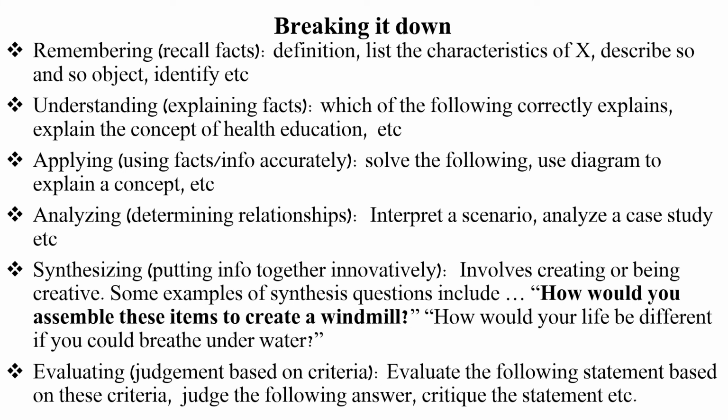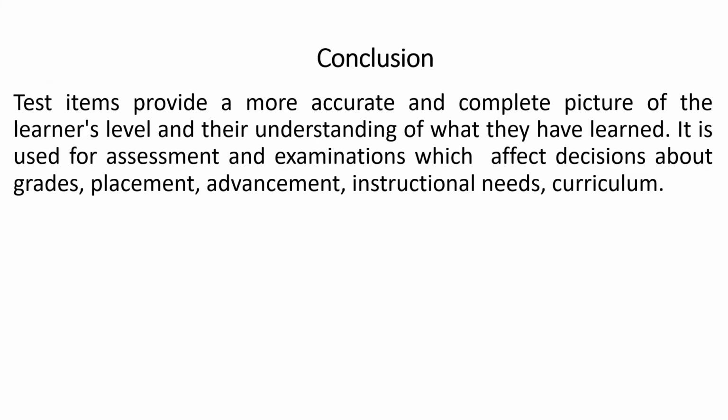So it's by and large the same thing. I will not read this slide for want of time, but it's there for you to look at at your own pace. So the last three slides, the two pictures on Bloom's taxonomy and this breaking it down, are all referring to the same thing.